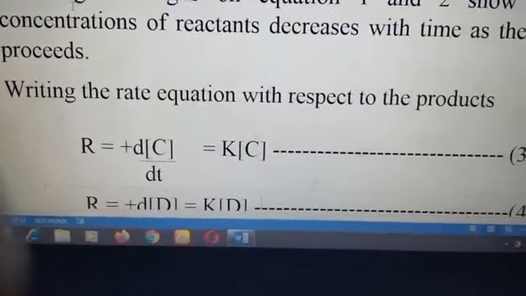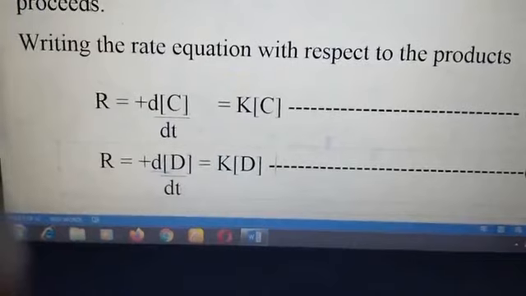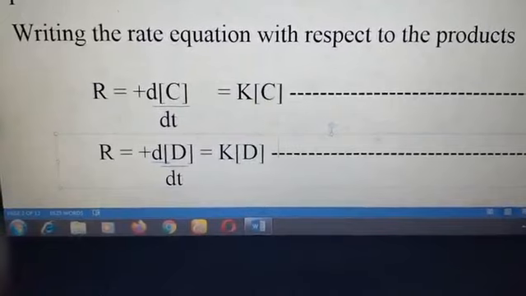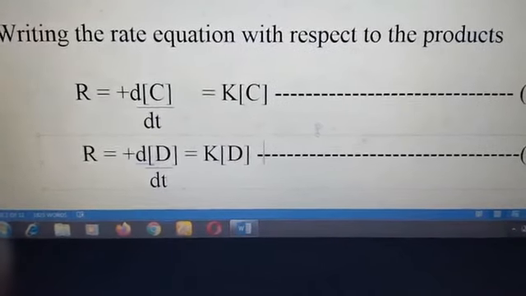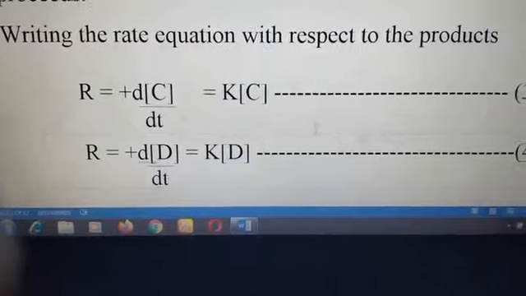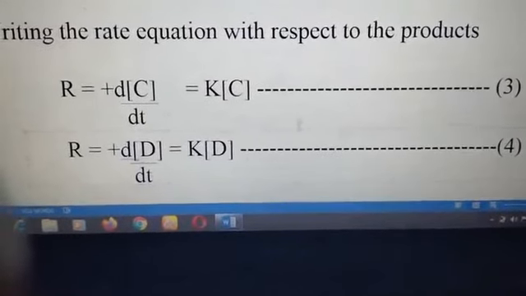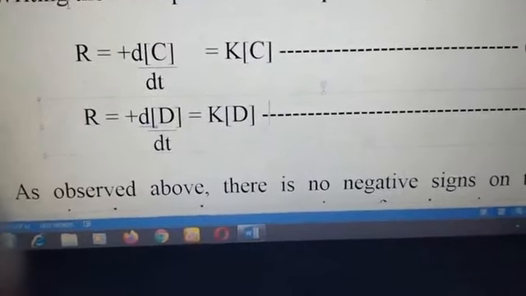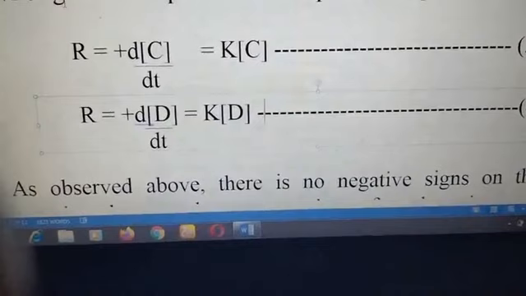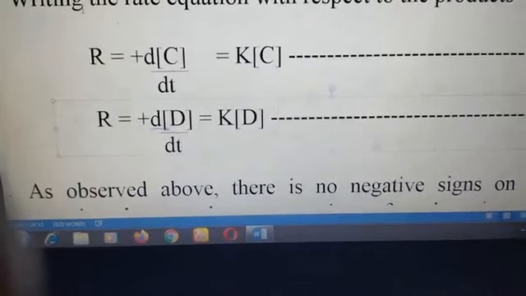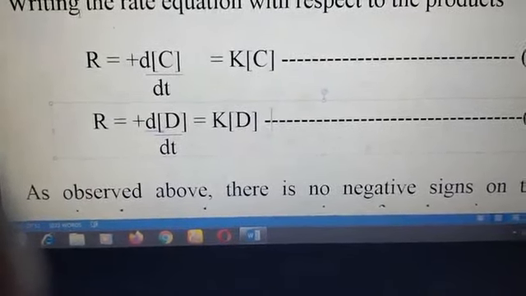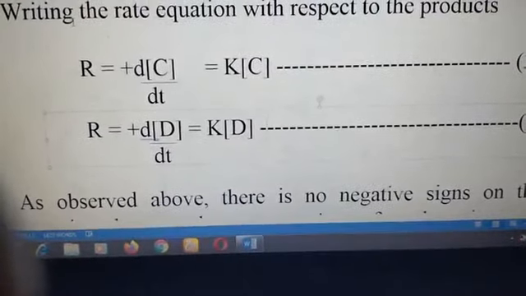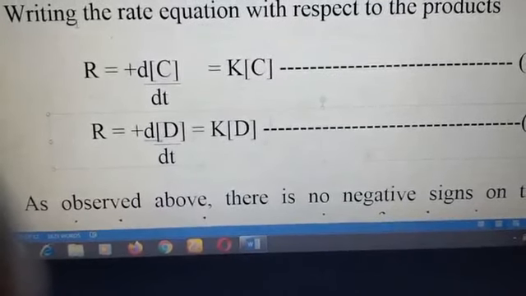Writing the rate equation with respect to the products, we have R equal to plus d, that is change, concentration of C all over dt equal to k[C]. So this is for the product C. And then for product D, R equal to plus d, change, concentration of D in square bracket, all over dt, equal to k multiplied by the concentration of D. As we have said before, the letter small d means change.